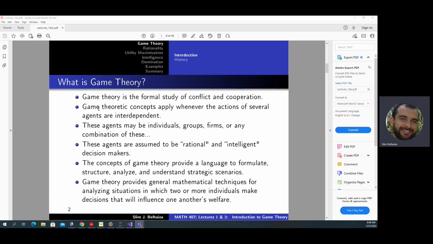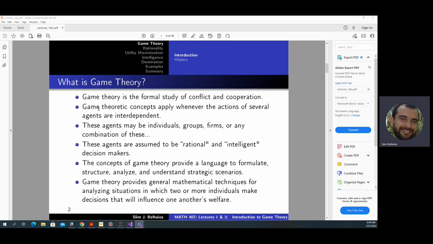So first of all, what is game theory? Game theory is the formal study of conflict and cooperation. Game theoretic concepts apply whenever the actions of several agents are interdependent. And of course, these agents may be individuals, groups, firms, or any combination of these. In game theory, we assume that decision agents are rational and intelligent.